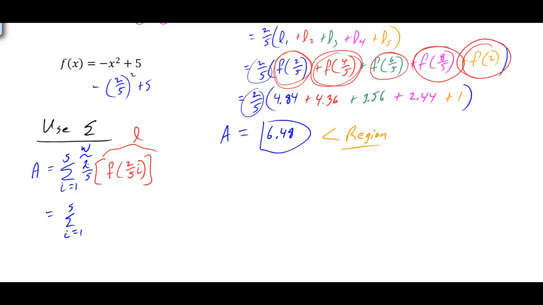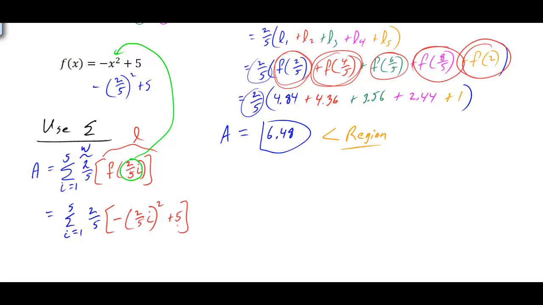Now the 2/5, you have a couple options. We can leave the 2/5 here, and then simply evaluate our function. At this point, we want to take this whole 2/5 i and substitute it in for the x. So be careful. We would have minus 2/5 i, and that whole quantity, because of the function here, is squared, plus 5.